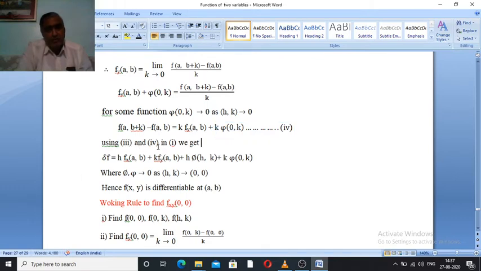Using equation 3 and 4 in equation 1, we get Δf = h f_x(a, b) + k f_y(a, b) + h φ(h,k) + k ψ(0,k), where φ and ψ tend to 0 as (h,k) tends to (0,0). Hence, this is the definition of differentiable function. Hence, f(x,y) is differentiable at (a, b).